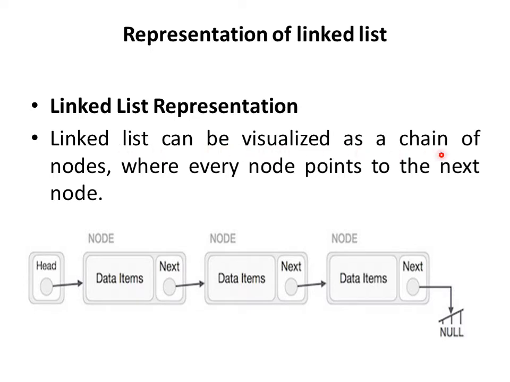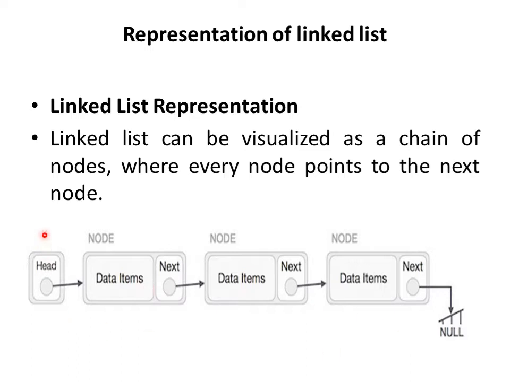A linked list can be visualized as a chain of nodes where every node points to the next node. This is the first node, which is called the head, and then the second, third and fourth nodes, and the last node always has the null value, because it is used to identify where the linked list ends. Diagrammatically, it looks like our train.